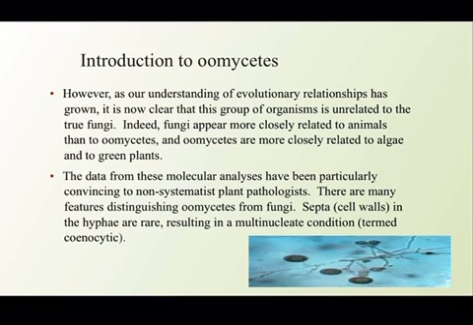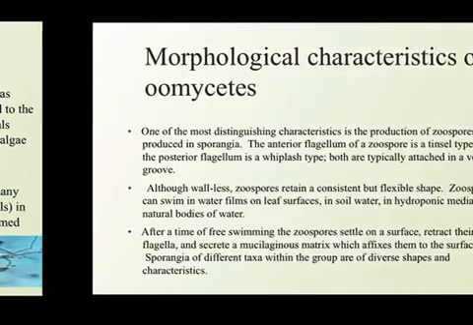Indeed, fungi appear more closely related to animals than to the oomycetes, and the oomycetes are more closely related to the algae and to the plants. The data from molecular analyses have been particularly convincing to non-systematic plant pathologists. There are many features distinguishing oomycetes from fungi. Septa in the hyphae are rare, resulting in multinucleate conditions.